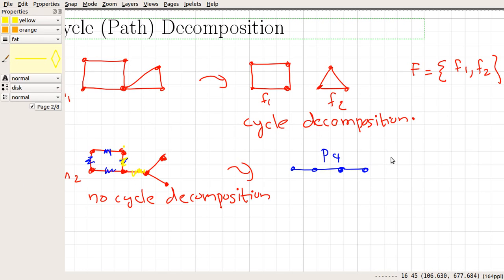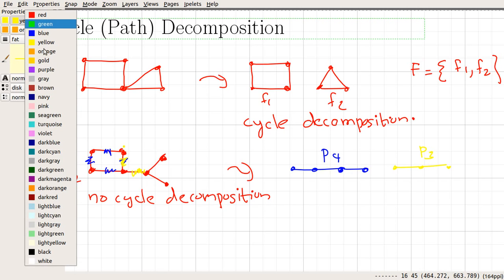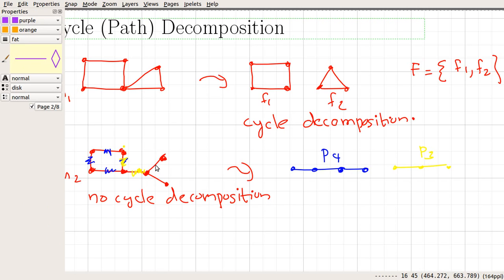That is a P3. And we have one more path. If you want, you could consider two different paths, but let me consider this as a single path.